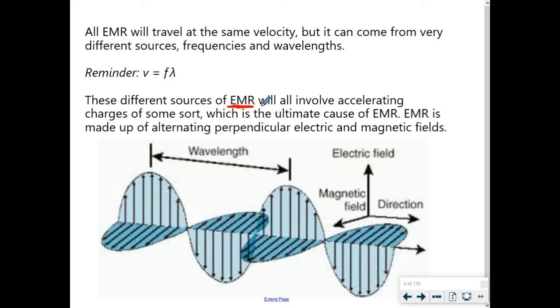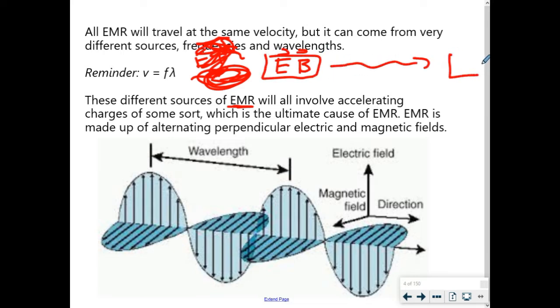He was messing around with magnets and electricity, and he discovered that as he did some stuff over here with an electric field and a magnetic field, his apparatus way over here also had electric and magnetic fields happening.